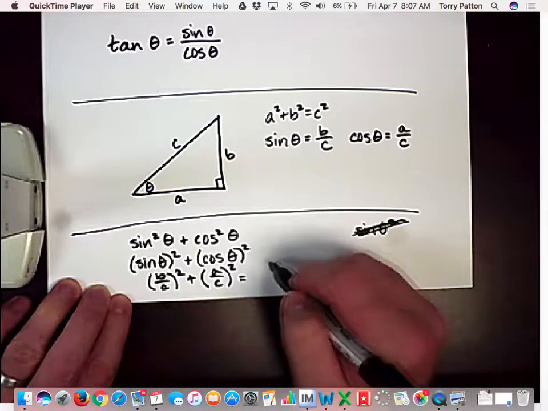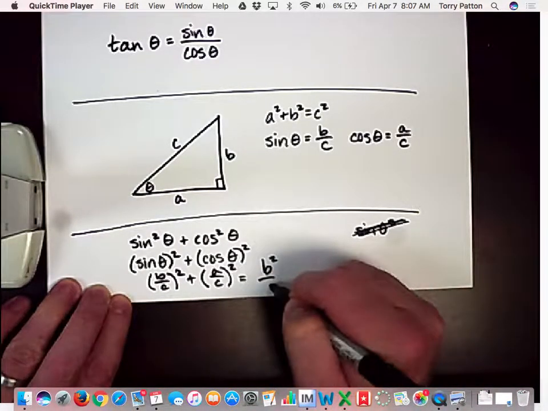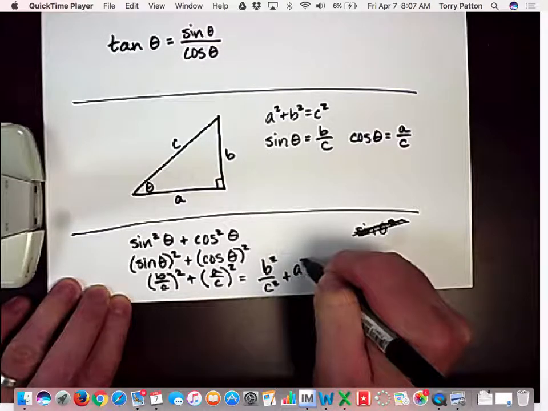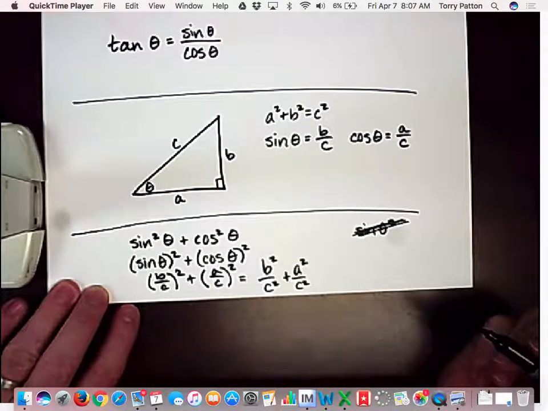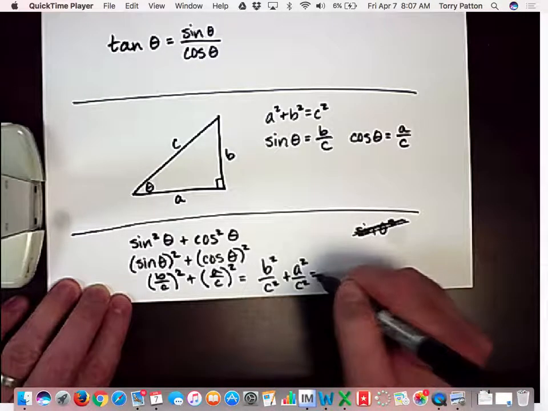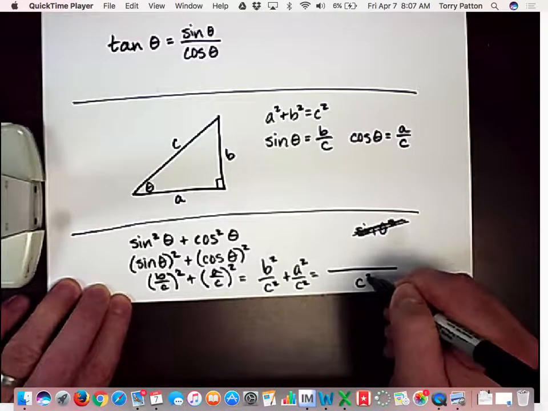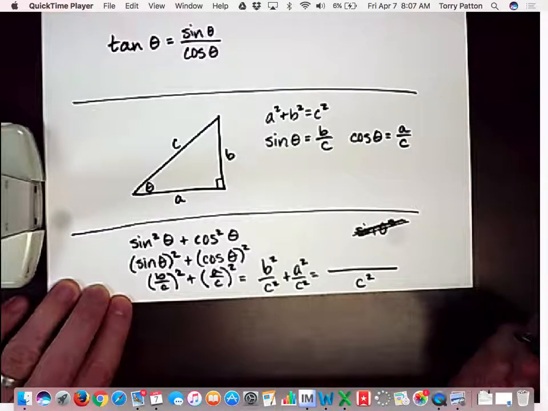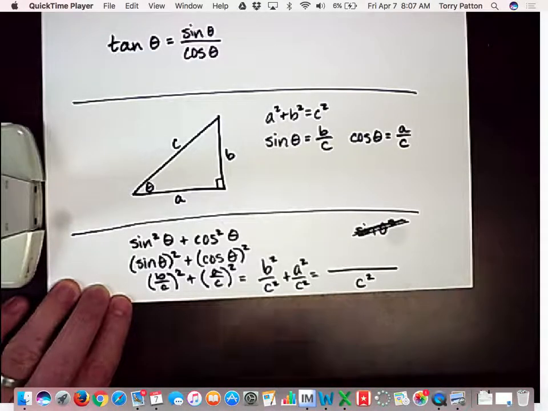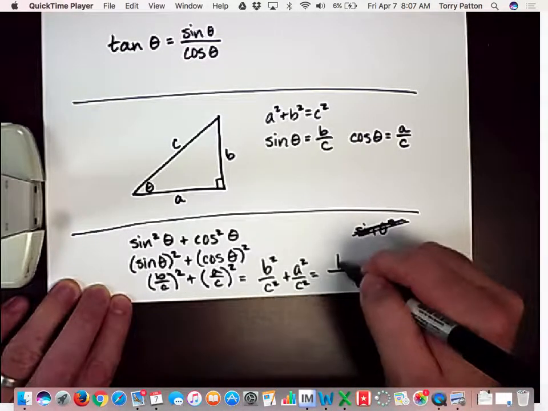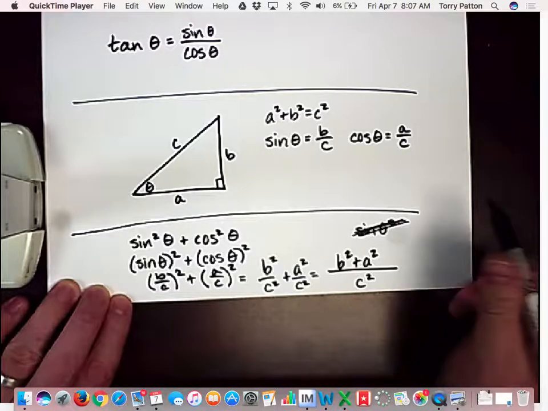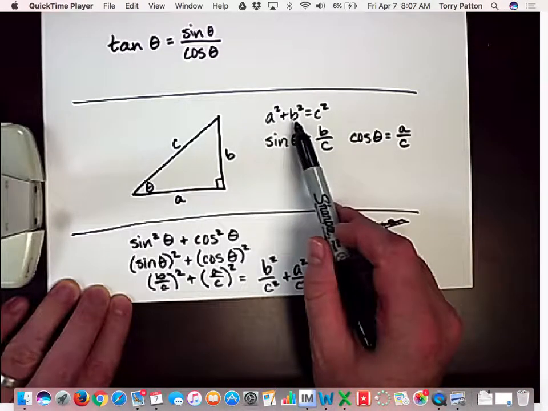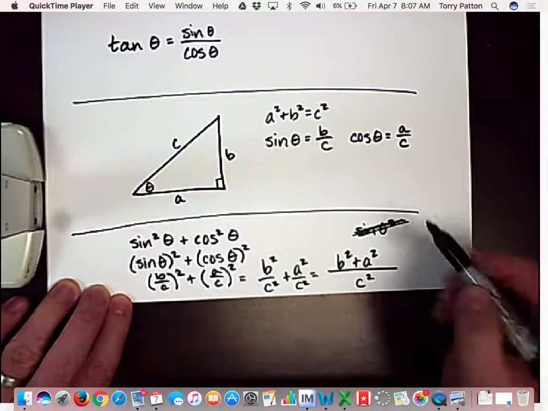So then that becomes B squared over C squared plus A squared over C squared, right? Well, they already have a common denominator of C squared. What's the top? B squared plus A squared. Well, since it's a right triangle, what is B squared plus A squared? It equals C squared.